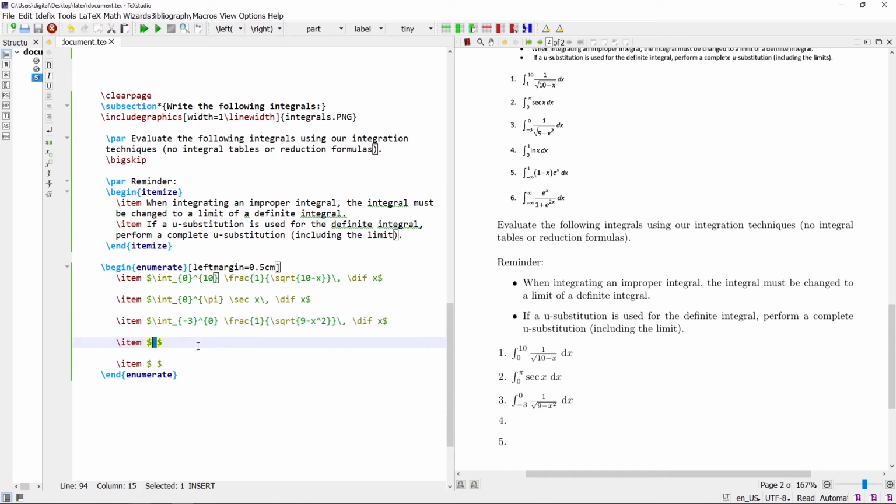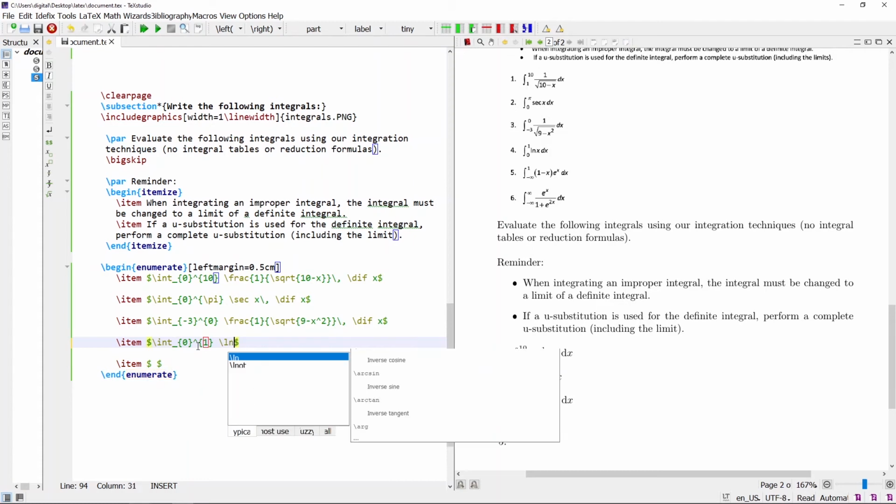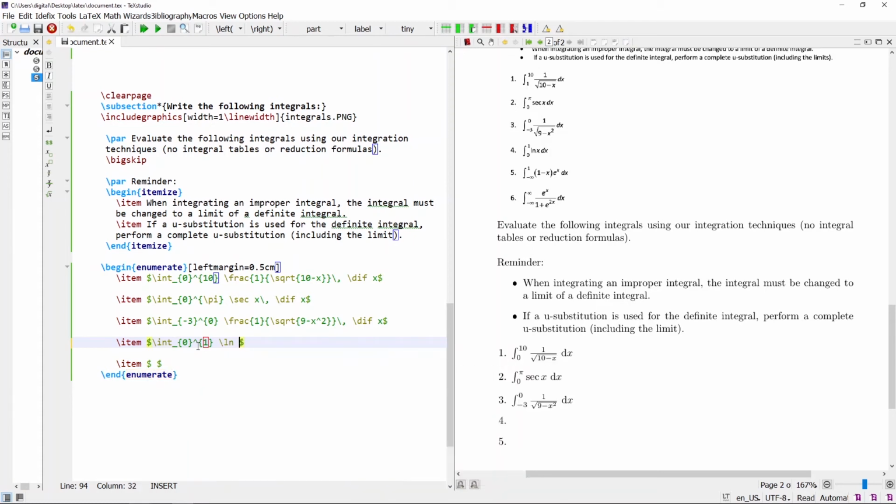The fourth integral is from 0 to 1 and natural log of x. The command for natural log is \ln x, space and differential of x.